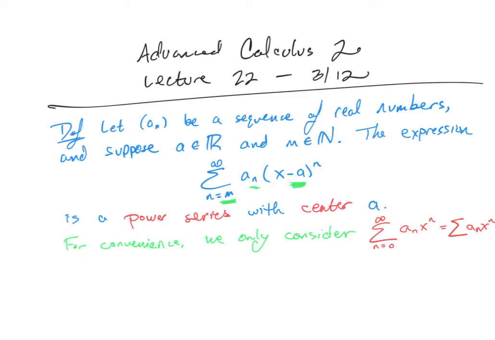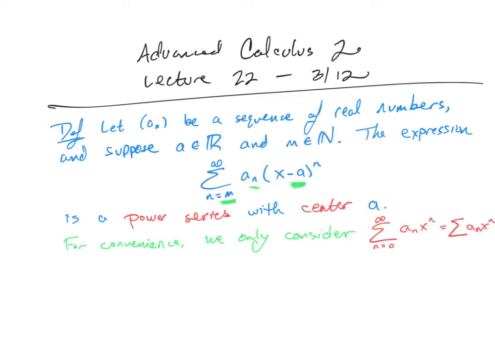Okay, so when I write that, it's assumed n goes from 0 to infinity, and the center is just 0. Okay, everybody agreed we're not going to lose anything here. This is just going to save us some writing.